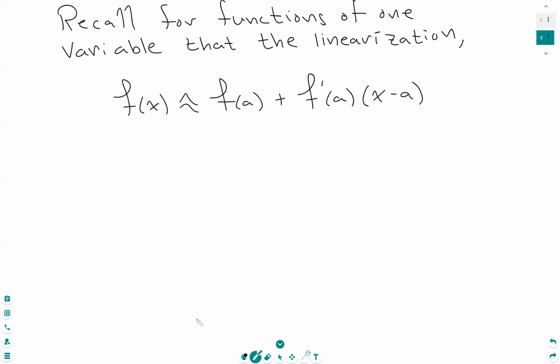But in Calc 2, we learned that this was the first terms of the Taylor series.